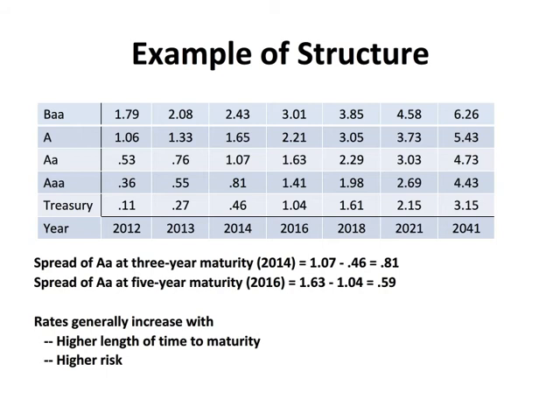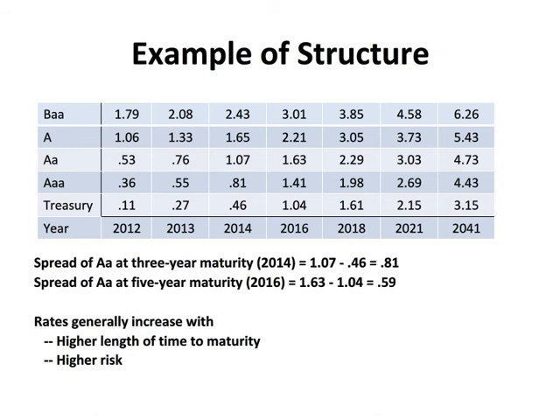And then we have the treasuries, 0.11 up to 3.15. That's our base. That's what we're going to calculate the spreads from. And then the AAA, AA, A, and BAA are our risk levels.